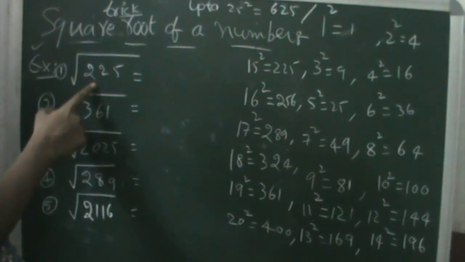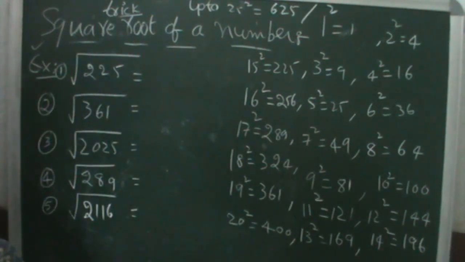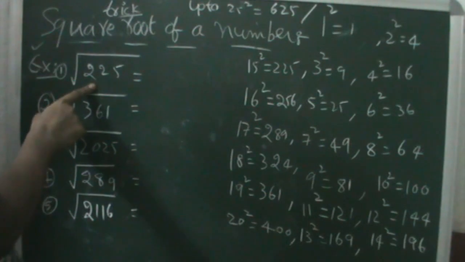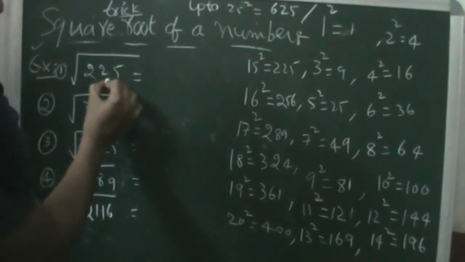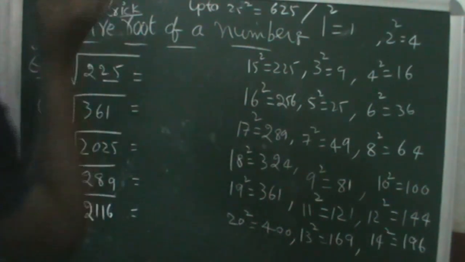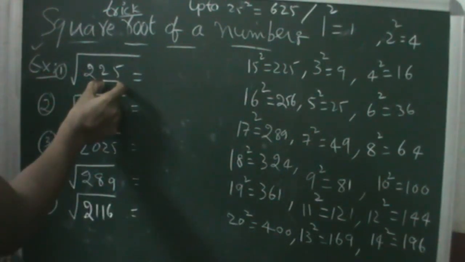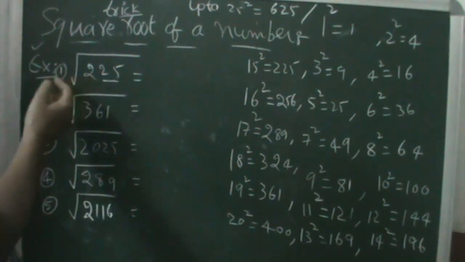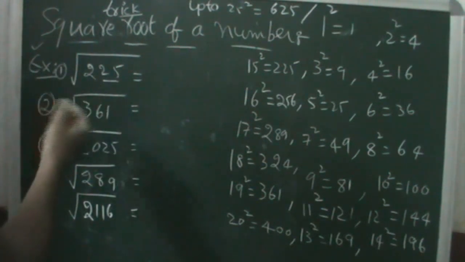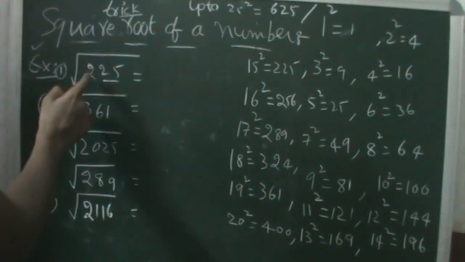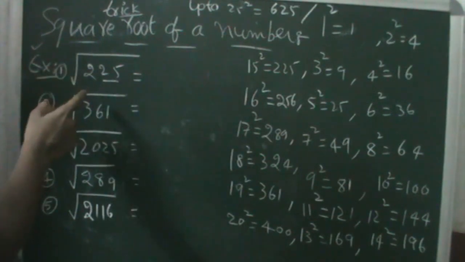Just consider this number in two parts. The first part is the first two-digit number, and the remaining part is however many digits are left. It may be one digit, two digits or three digits.